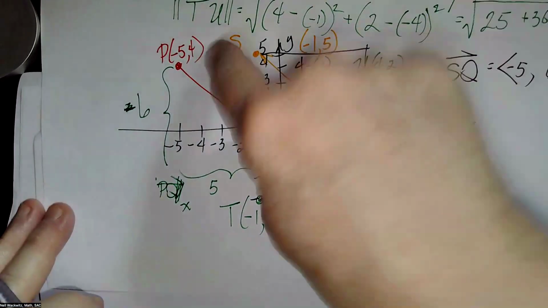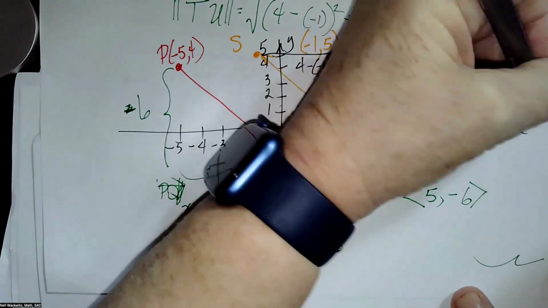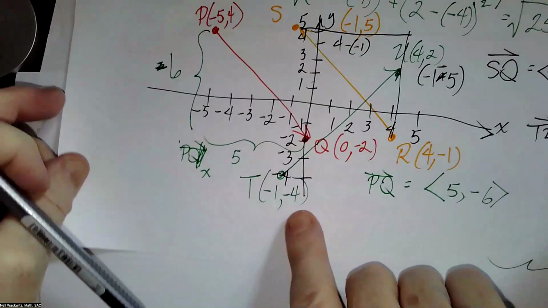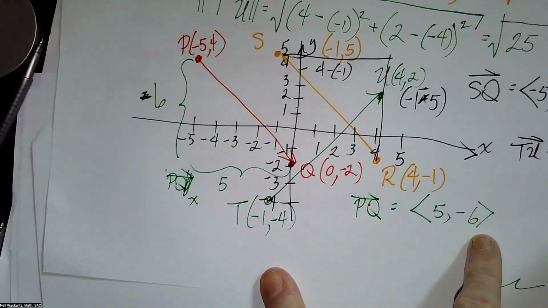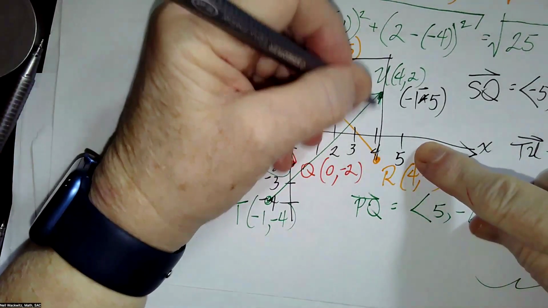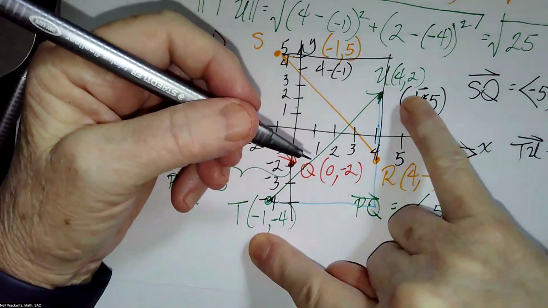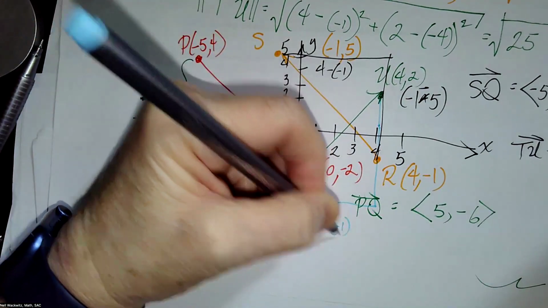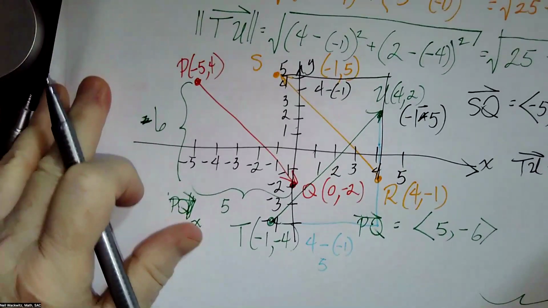And what about TU? We have the x displacement is 4 minus -1, which is 5, and it's going to be positive.